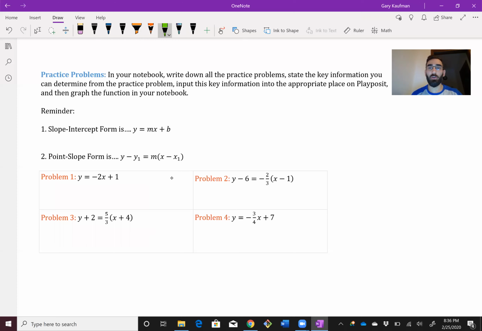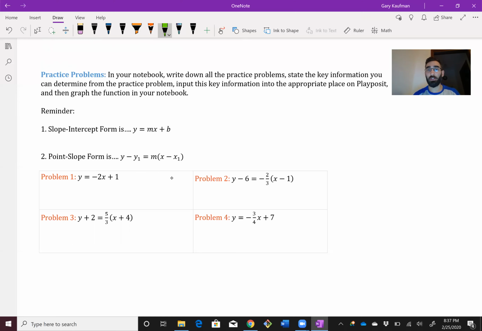So here is your practice now. There are 4 questions. You are going to write down all the practice problems in your notebook. State the key information. Can you pull out the y-intercept or the slope? Determine it from the practice problems. Input this key information into Play Pause It.